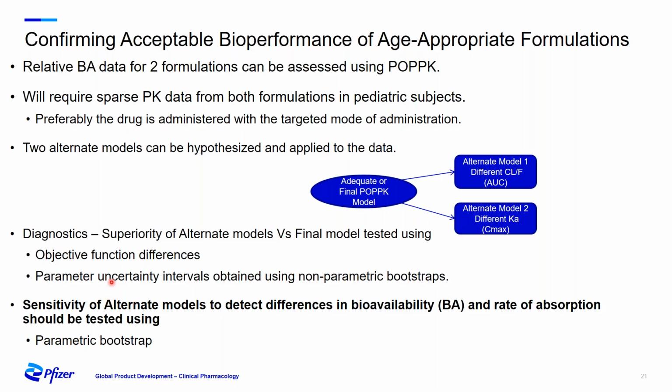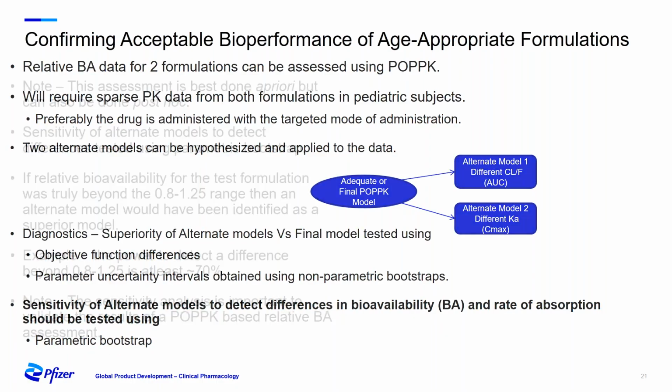And then you also look at parameter uncertainty using non-parametric bootstraps, which again is a pharmacometric tool which allows you to assess what the precision of your estimation is. So the sensitivity of the alternate models to detect differences in rate of absorption should be tested using parametric bootstrap, and that is what I mean by precision.